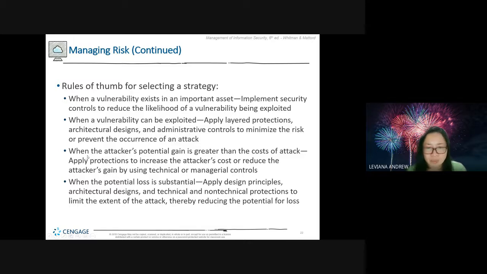Number three, when the attacker's potential gain is greater than the cost of attack, apply protections to increase the cost to the attacker.